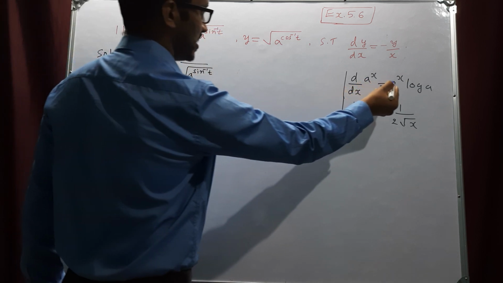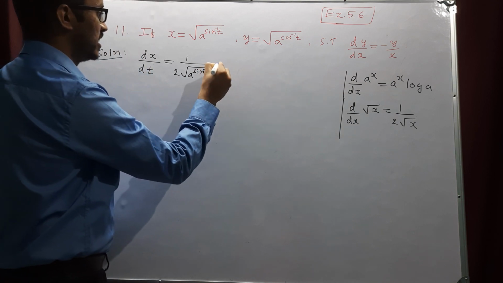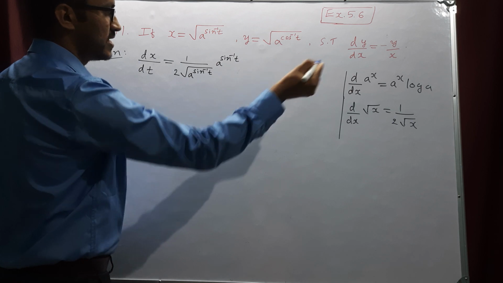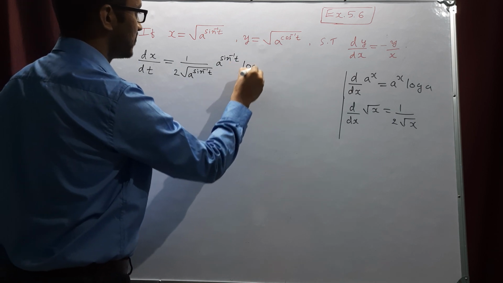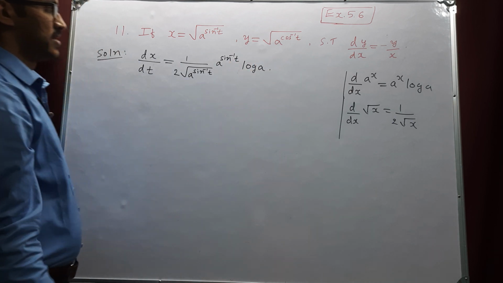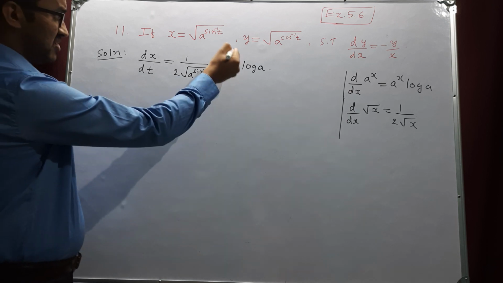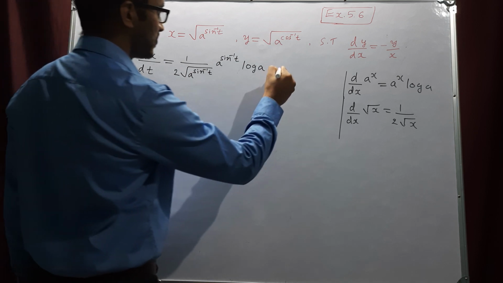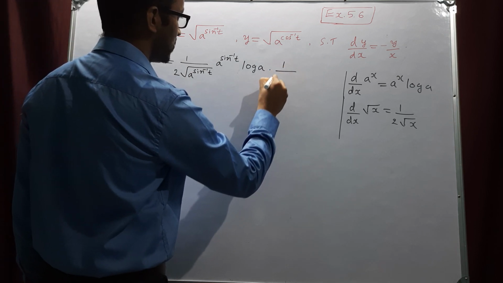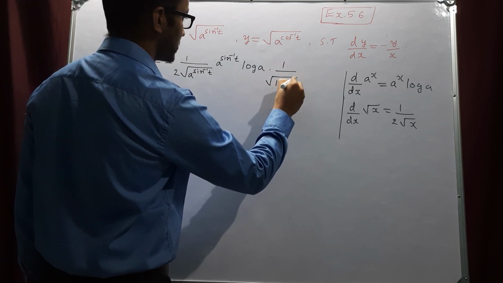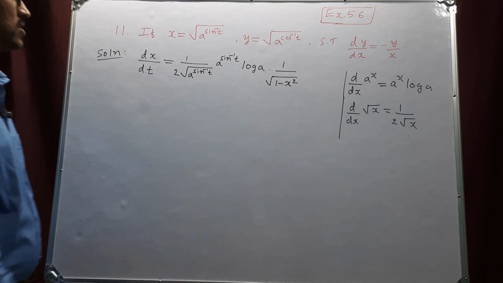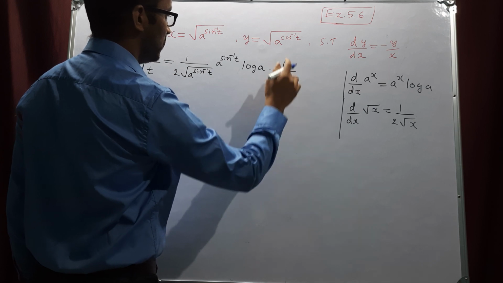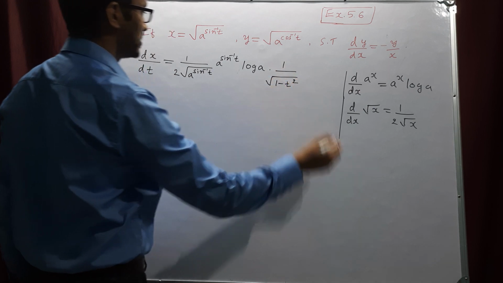So what we will get, a power sin inverse t into log a. Again derivative of sin inverse t. Derivative of sin inverse t is 1 by root of 1 minus x square. Sorry, here the variable is t. So what we will get, 1 by root of 1 minus t square.